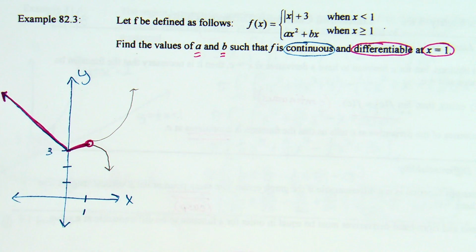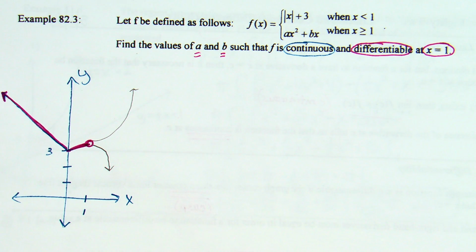Okay? And they would appear to work, but they would give us a sharp point. Use the limits to find what's continuous and then evaluate those if they're differentiable. Okay, so think about, in order to be continuous, the limits have to be the same, yes? In order to be differentiable, what has to be true? Derivatives have to be the same. Think we're going to gather some information by checking that out?